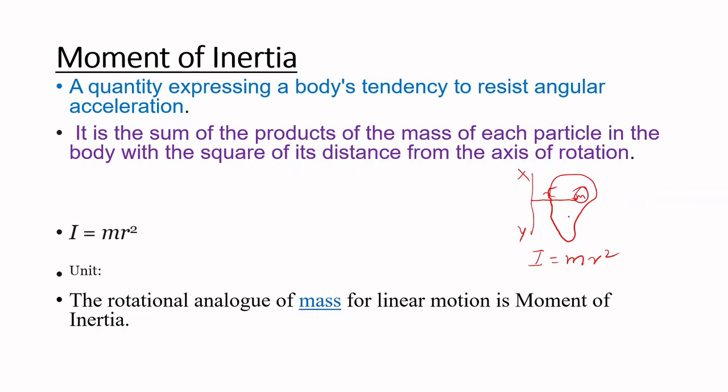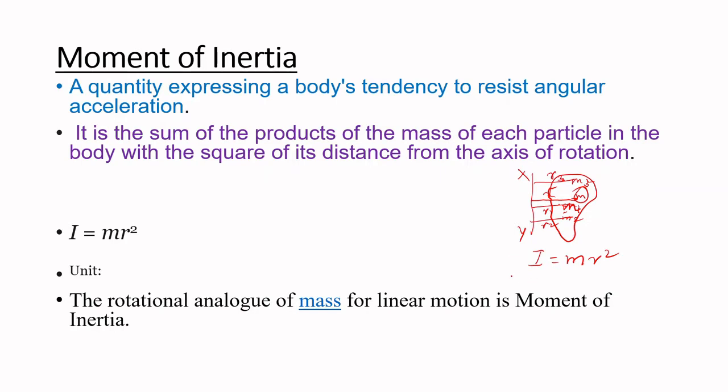Now let us imagine we have many particles like this, m1, m2, m3, like that. Each one of them is at a different distance. m1 is at a distance r1, m2 is at a distance r2, m3 is at a distance r3, like that.